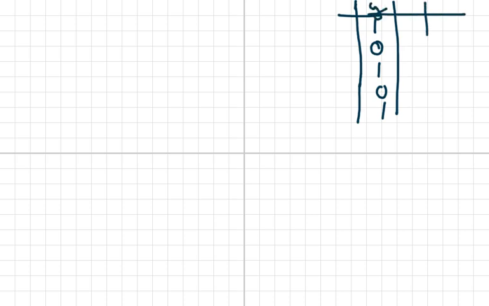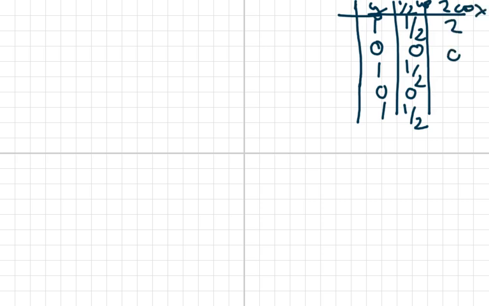When we do the 1/2, it's just going to be 1/2, 0, -1/2, 0, 1/2. And this would be the 1/2 cosine. I can't squeeze all that in, but that's cosine. Then we're going to do 2 cosine of x, which would just be 2, 0, -2, 0, 2. And then you know your radians that go here.